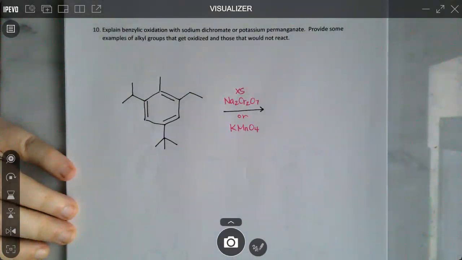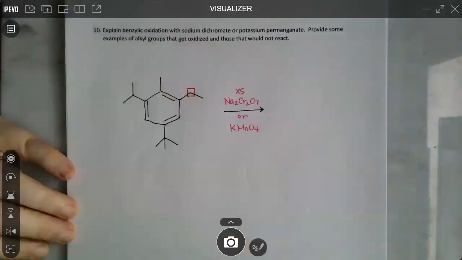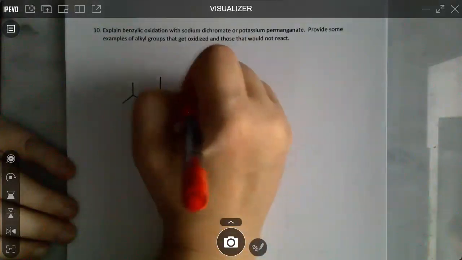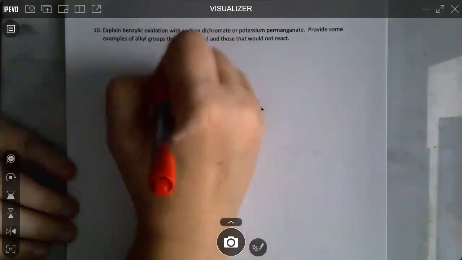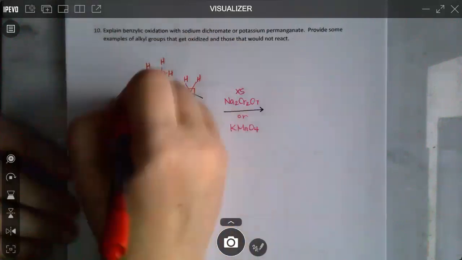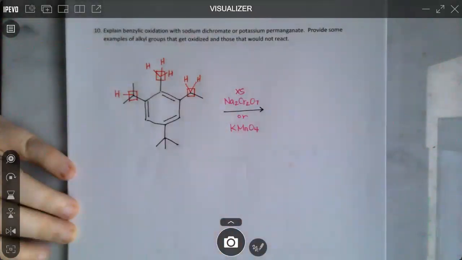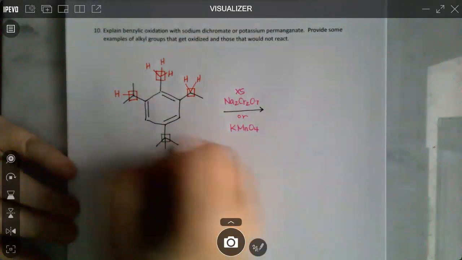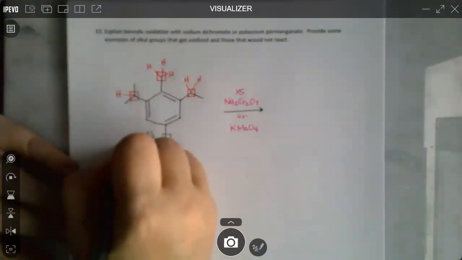So we would get oxidation at any carbon that has at least one hydrogen attached. So this one has 2 hydrogens attached. This benzylic carbon has 3, and this benzylic carbon has 1 hydrogen attached. But this one does not have any hydrogens attached. So I'm going to write no hydrogens attached.